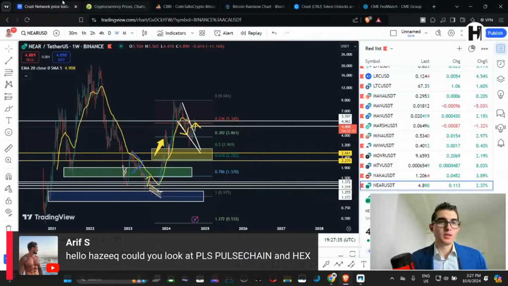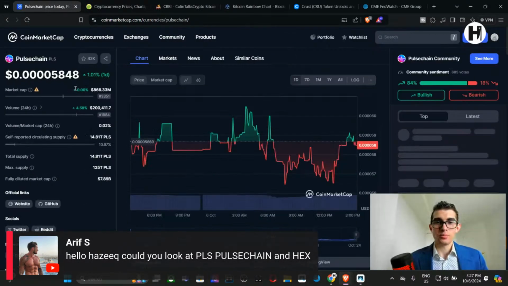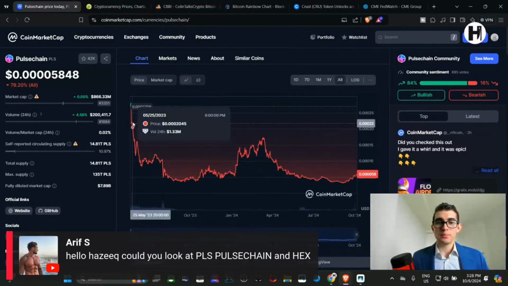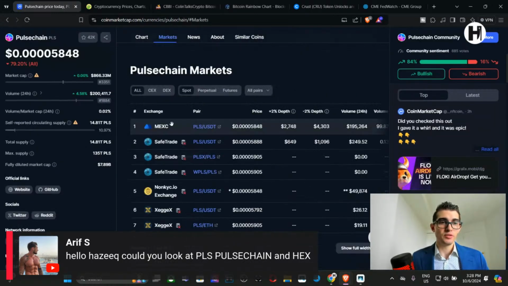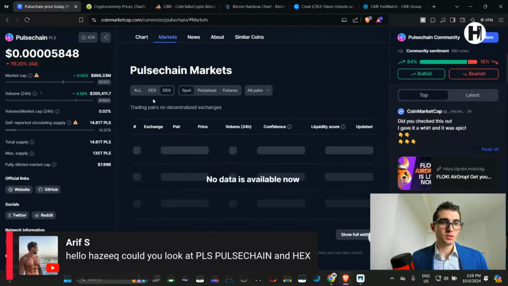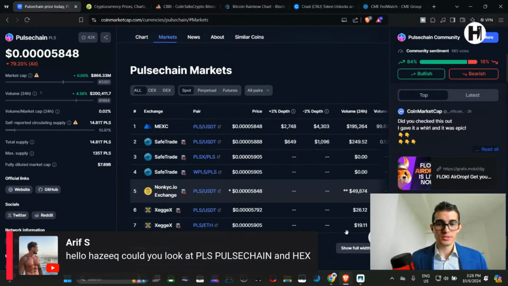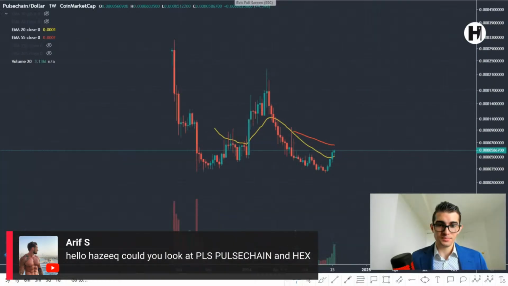And let's quickly open up the CoinMarketCap page. $866 million market cap. This is self-reported. The token has been trading since May 2023. And this is available on MEXC and no DEXes. That's not a good sign. Usually when you have DEXes, that shows there's liquidity.